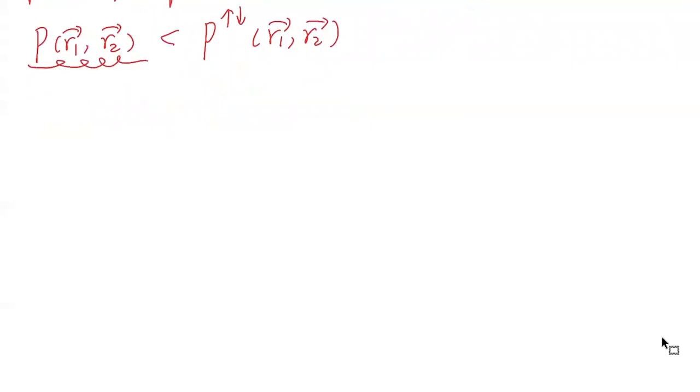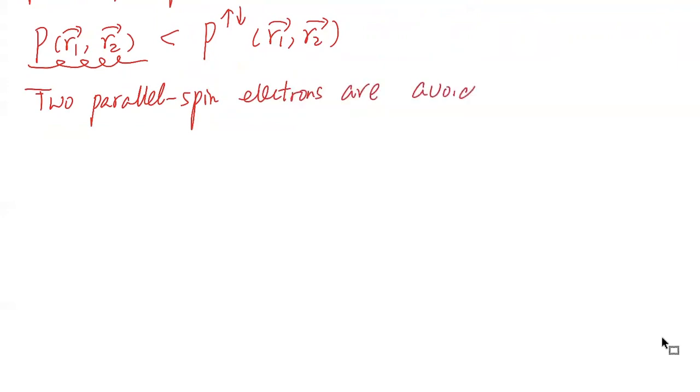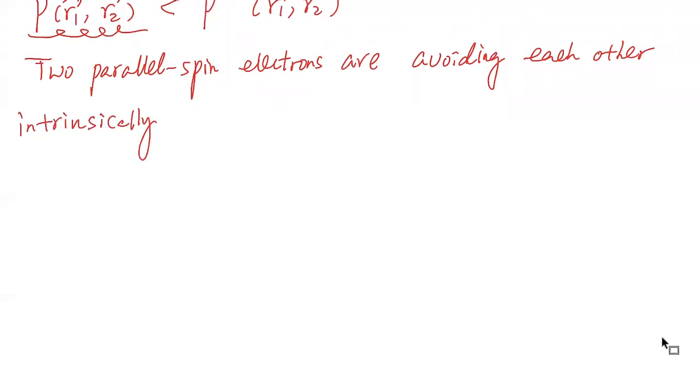That means the two parallel spin electrons are avoiding each other. Right? Intrinsically. This is important. This is an intrinsic property of the electron.